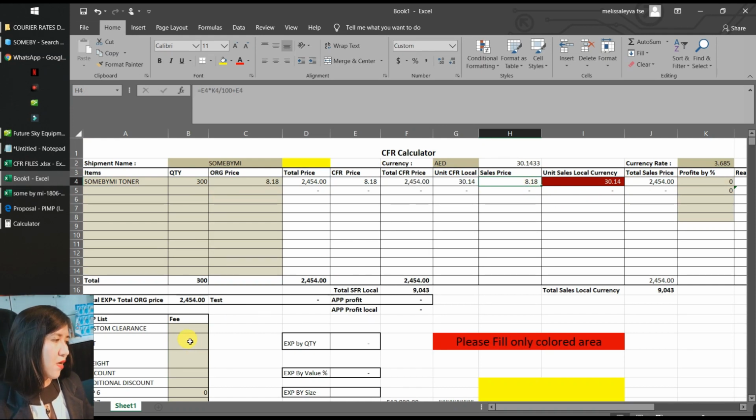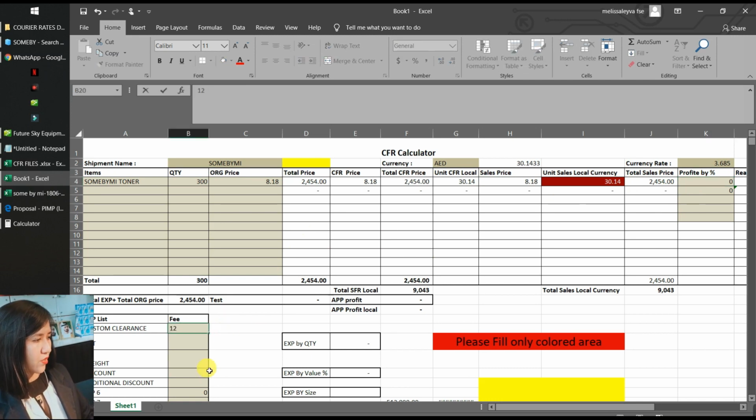because you don't have any expenses for this item. You did not set any profit as well. But we're going to set a profit later on. So let's say 122 is your customs clearance, 122 is your import VAT, and your freight charge is 419.